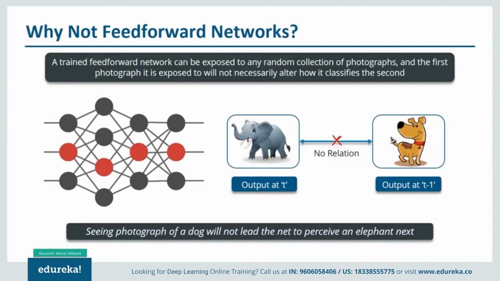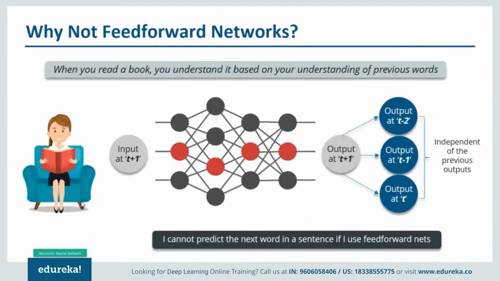Now there are a few scenarios where we actually need the previous output to get the new output. Let us discuss one such scenario. What happens when you read a book? You'll understand that book only on the basis of your understanding of the previous words. So if I use a feed-forward network and try to predict the next word in a sentence, I can't do that. Why can't I do that? Because my output will actually depend on the previous outputs. But in the feed-forward network, my new output is independent of the previous outputs.